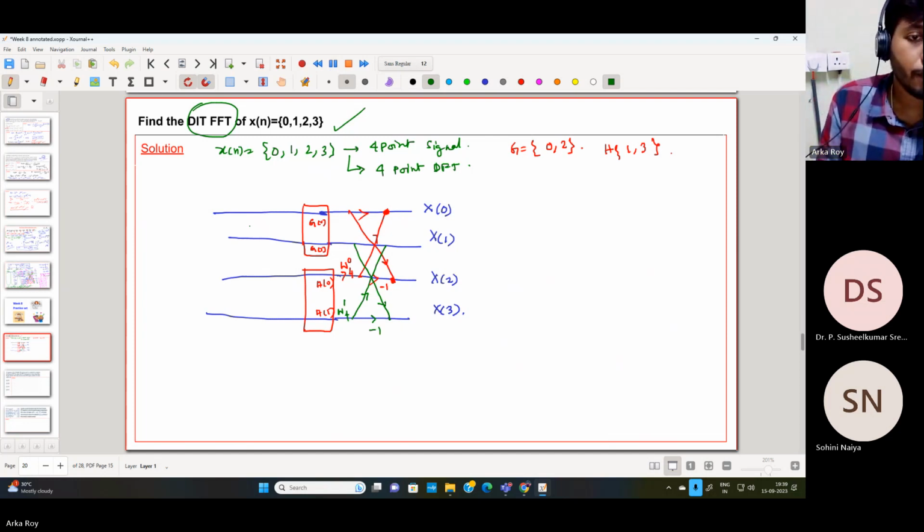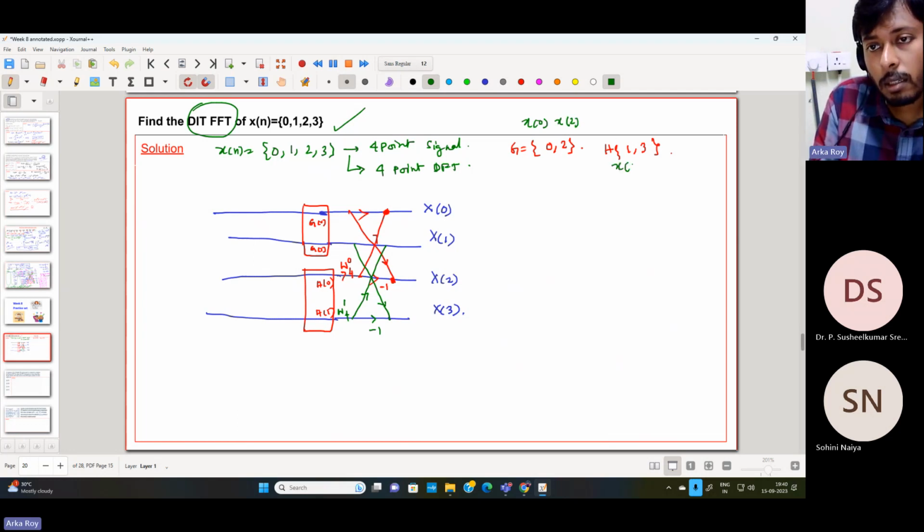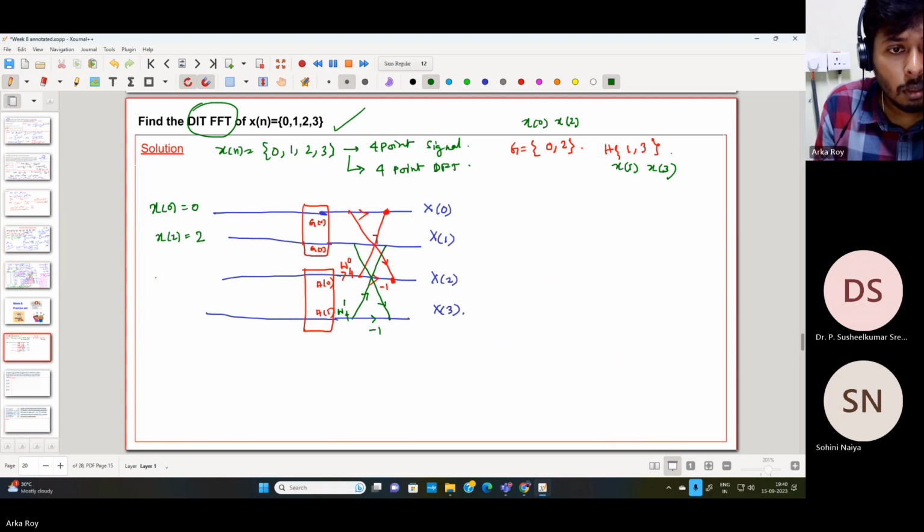And G0 is what? G0 is basically x0 and x2, and over here it is x1 and x3. So x0 equals 0, x2 equals 2, x1 equals 1, and x3 equals 3.